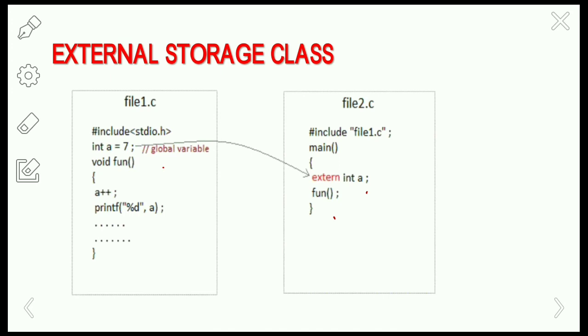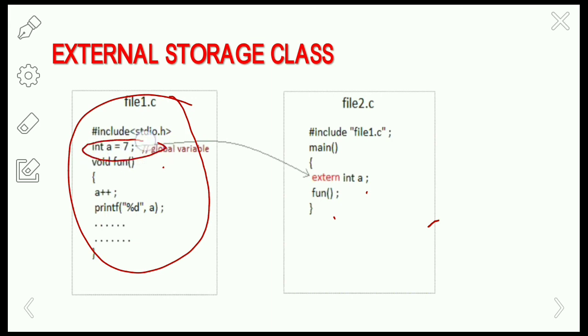The static storage class also supports global variables, but we can access the global variable only within that particular program. We cannot access that variable outside of this program. If you are defining a variable in a program, then that variable will be accessible only within that program. That is the difference between the external and static storage class.